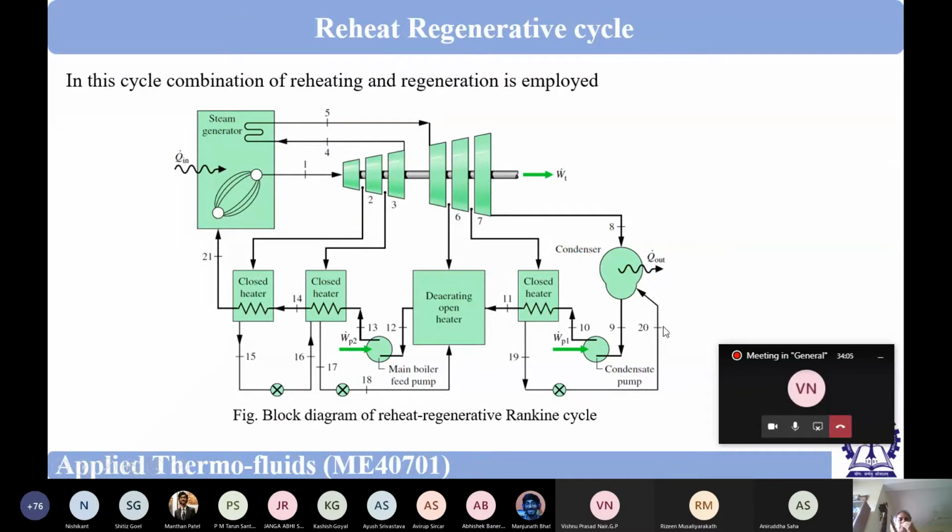So this is one small point I would like to mention, but in many standard textbooks you will find this, and in some thermal power plants you will find this one, but this is not a good design feature. So this part we are going to end here. Up to this, if you have any question, please ask.